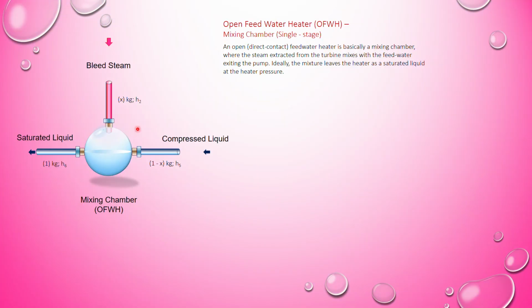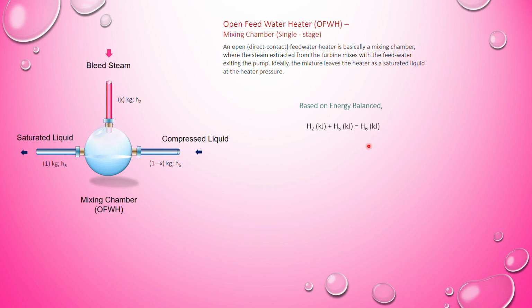So based on energy balance, this is in and this is in. So you must take xH2 plus 1 minus x times H5.